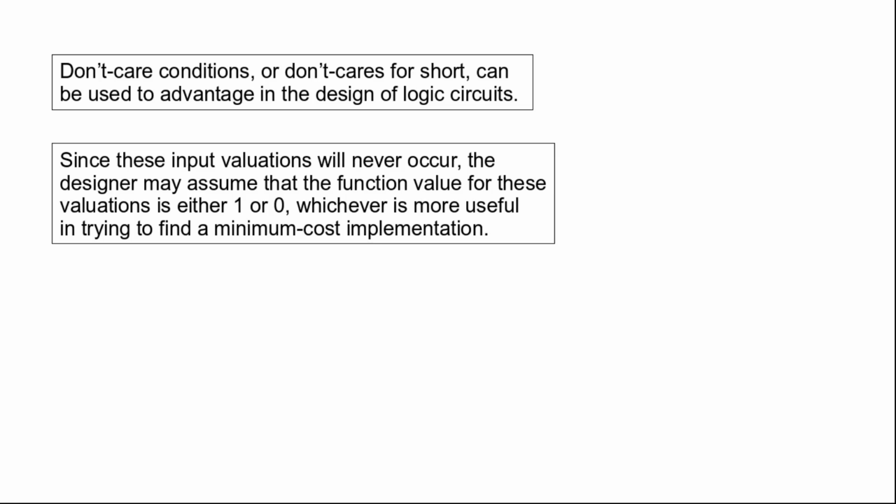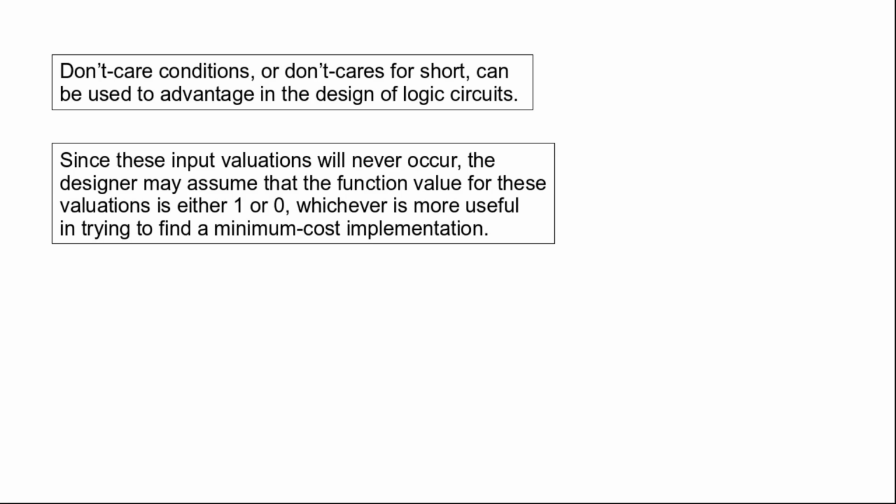Now don't care conditions, or don't cares for short, can be used to advantage in the design of logic circuits. Since these input valuations will never occur, the designer may assume the function value for these valuations as either 0 or 1, whichever is more useful in trying to find a minimum cost implementation.